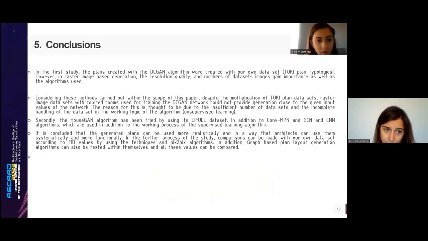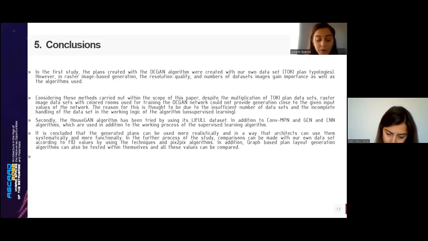So considering all these things, at first we created and generated the algorithms by using the Tokyo house plans. But the resolution quality and the number of datasets gained importance because it was important for gathering and feeding the training datasets to the network.